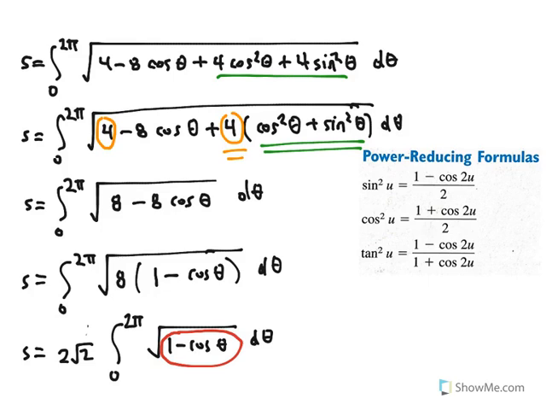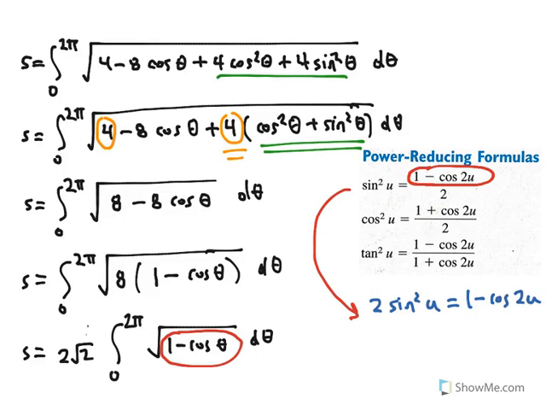When you look at the power-reducing formulas, you see 1 minus cosine of 2u over 2, and that's equal to sine squared u. If I manipulate that by multiplying both sides of the power-reducing formula by 2, I would get 2 times sine squared u is equal to 1 minus cosine of 2u.